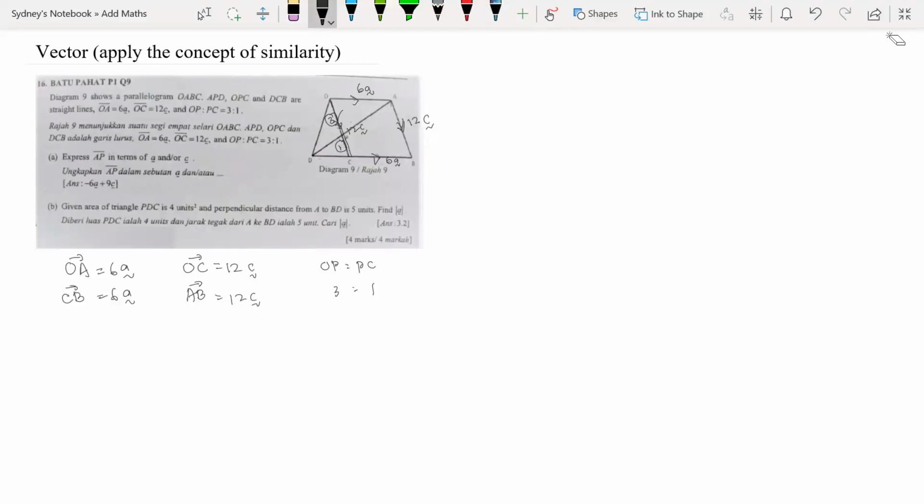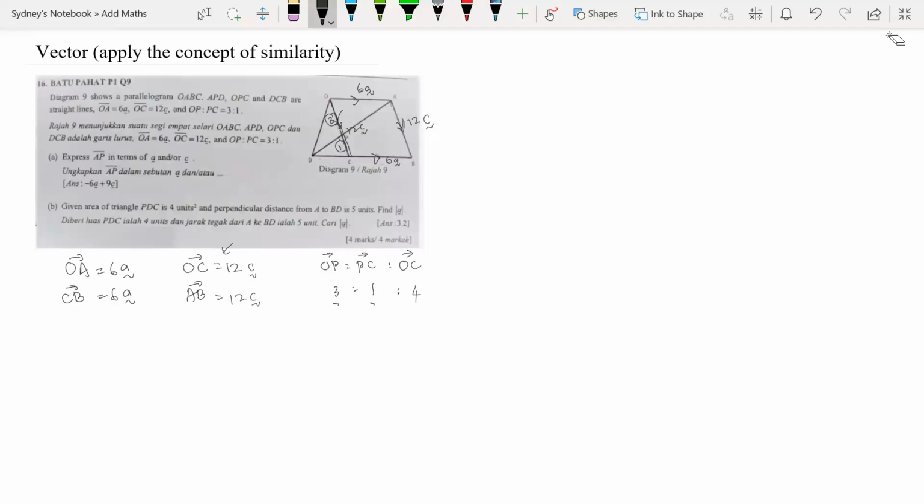And then since we have OC, I can add another column to show the relationship of OC to OP and PC. If OP is 3 parts and PC is 1 part, OC is everything, so it will be 4 parts. Not only can we compare the magnitude, we can also compare in terms of vector.